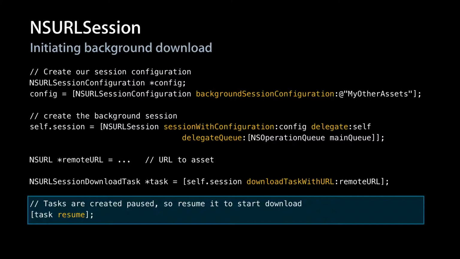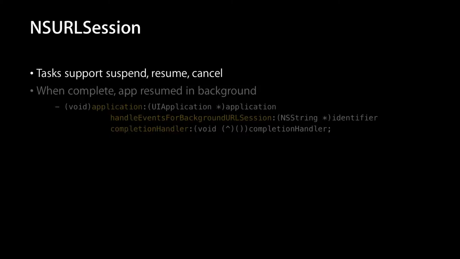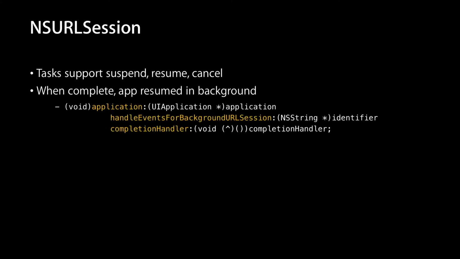Now these task objects support all the common operations that you would expect of a network transfer. You can suspend them, you can resume them like we saw, you can cancel them, you can query for progress and things like that. These are the objects that you might use to build a UI representation around them. Now, there's a new UIApplication delegate callback that will be used and has the methods called on the delegate object that you passed in.